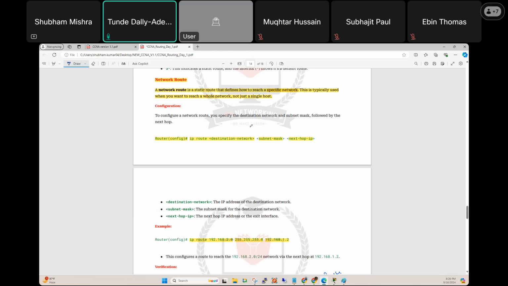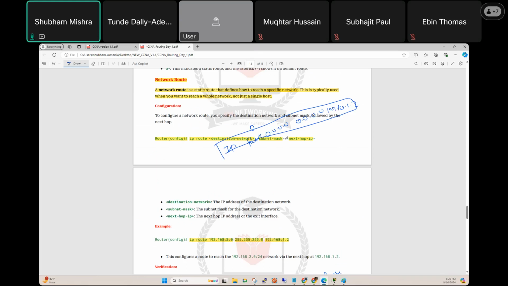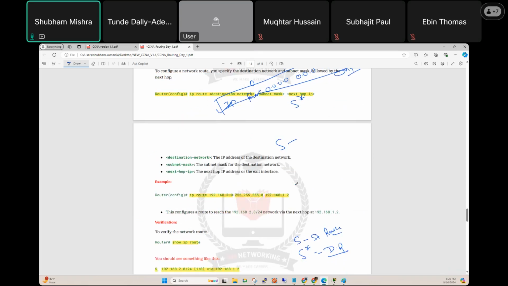If you configure only ip route 0.0.0.0 0.0.0.0 192.168.1.2, it means this entry will be installed in your routing table like this. Only this. And when you configure any other routes instead of this, all the entries will be with S. That's all. Okay. Done na?